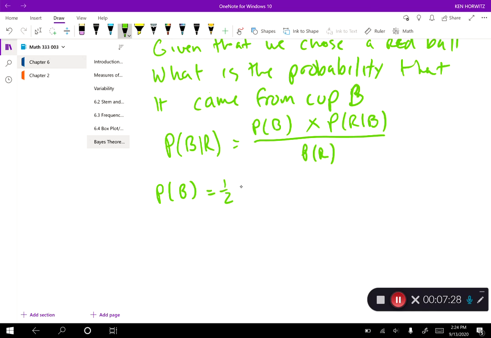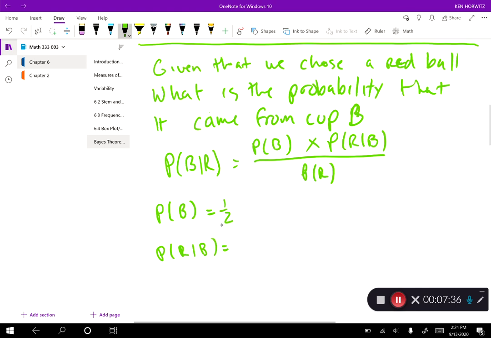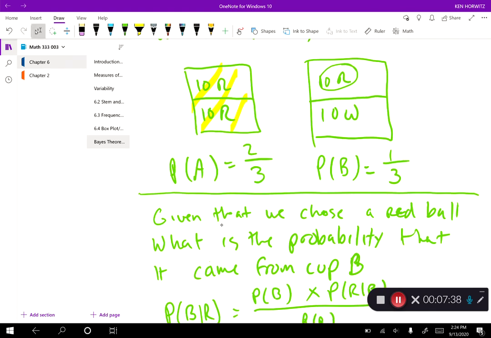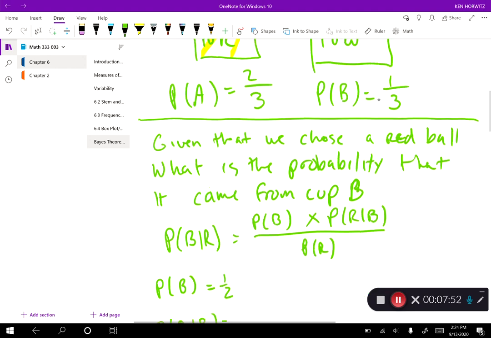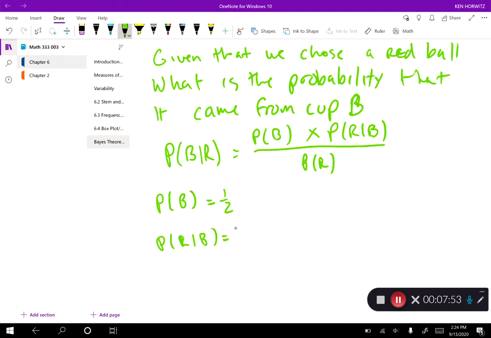And then we want to know the probability of choosing a red given that we've picked B. So let's go back to our picture real quick. Here is cup B. So once I know I'm sticking my hand into cup B, I've got an equal amount of reds and whites, which means the probability of choosing a red would again be 1/2. So let's go back up. Let's label this 1/2.